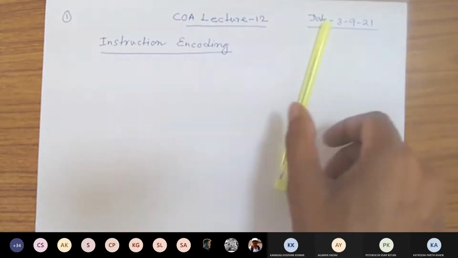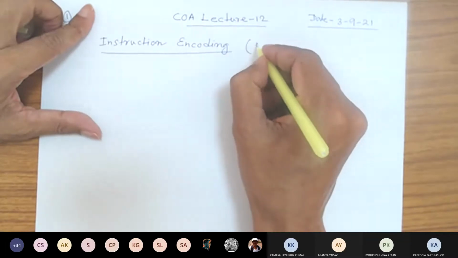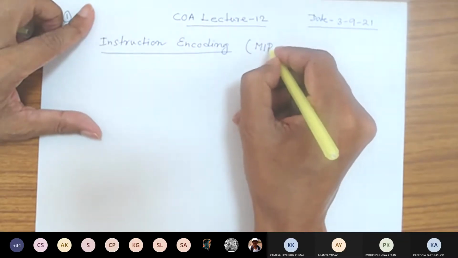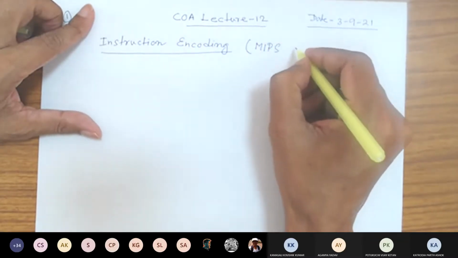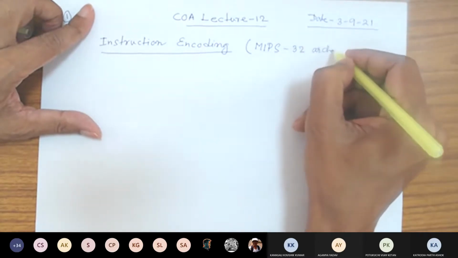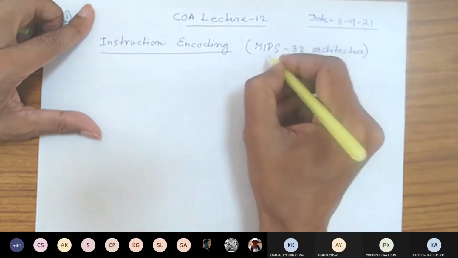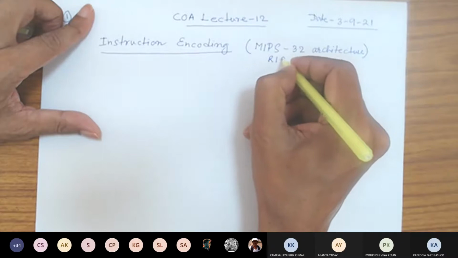Okay. So what we will take for instruction encoding is the MIPS 32 architecture, which is obviously a RISC type architecture.